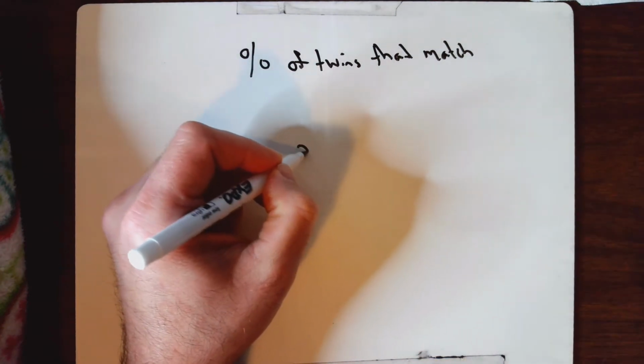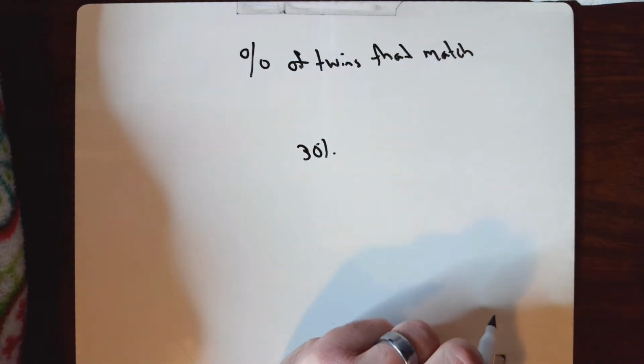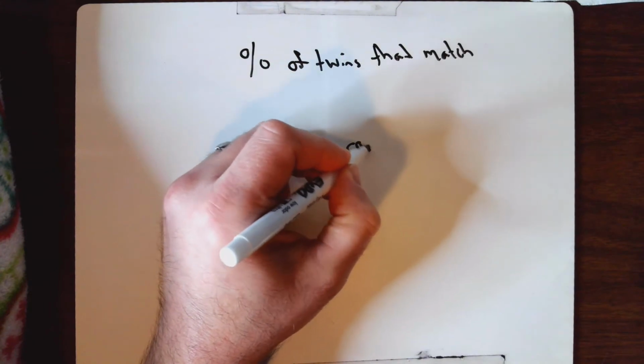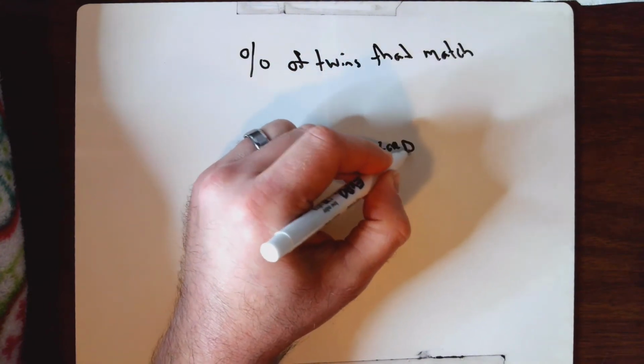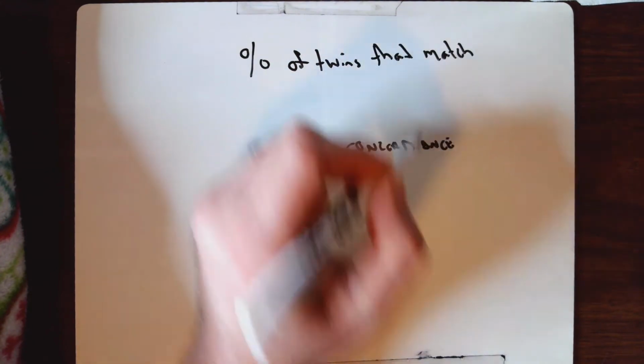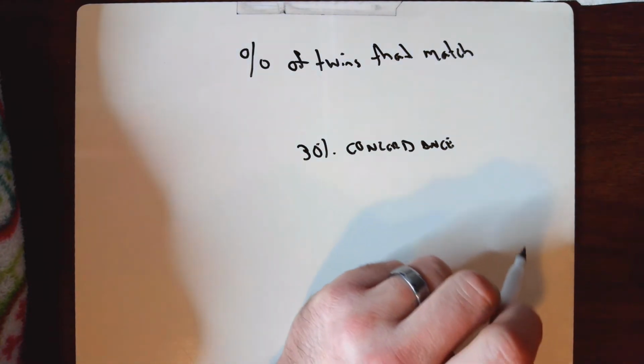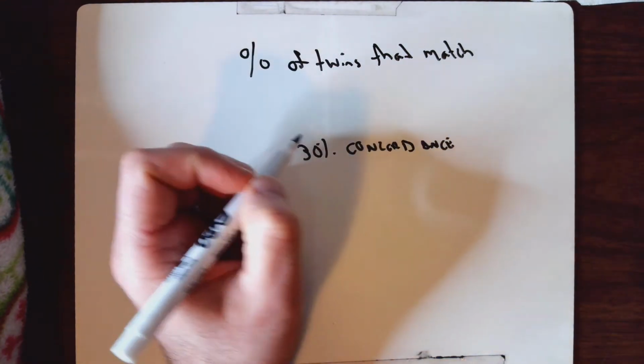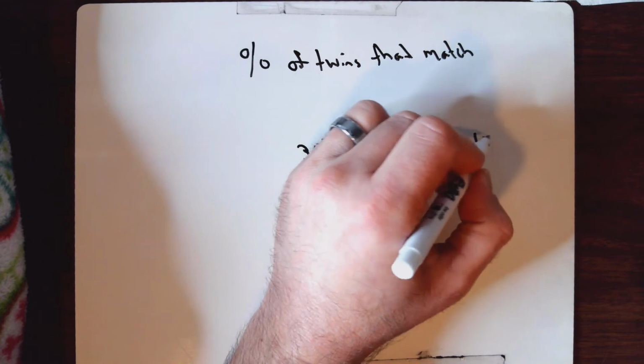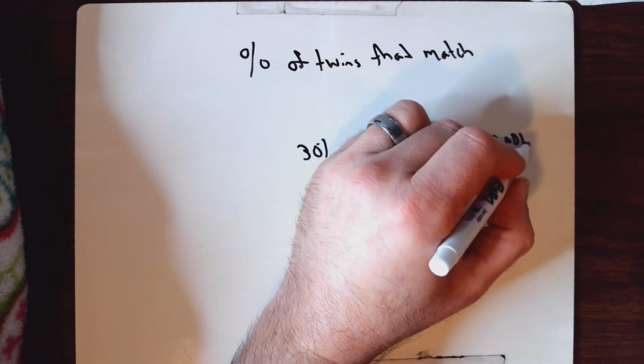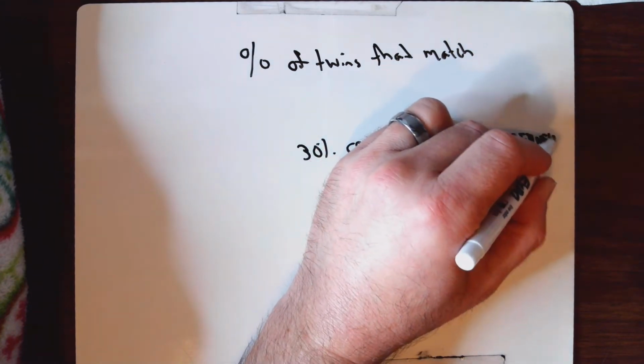So if we have 30% concordance for a trait, and the example that I used for some of you in the feedback that I gave in Edpuzzle was for handedness. So let's say we've got 30% concordance for handedness. We just mean, are you right-handed or left-handed?